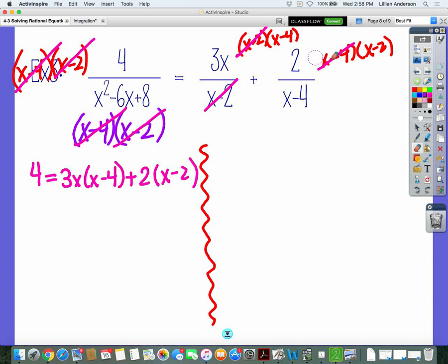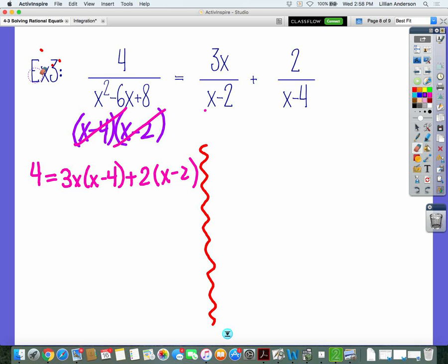Raise your hand if you want to see it the other way. So if I was to do it the other way, very quickly, I will multiply this one by x minus 4, this one by x minus 2.